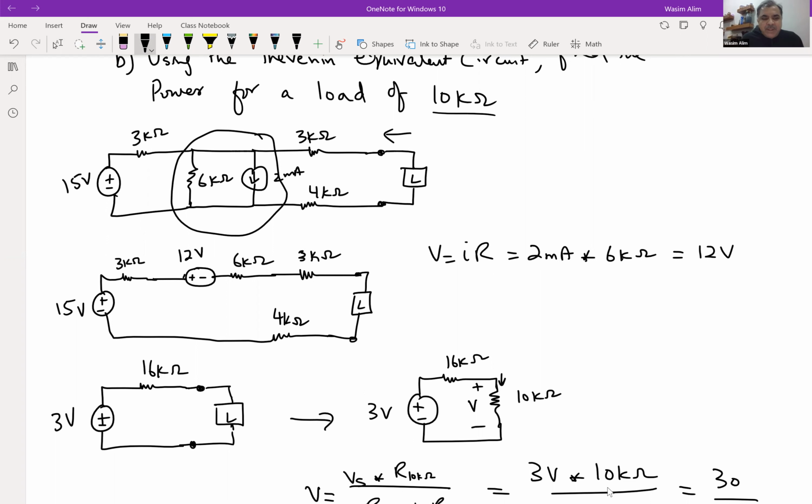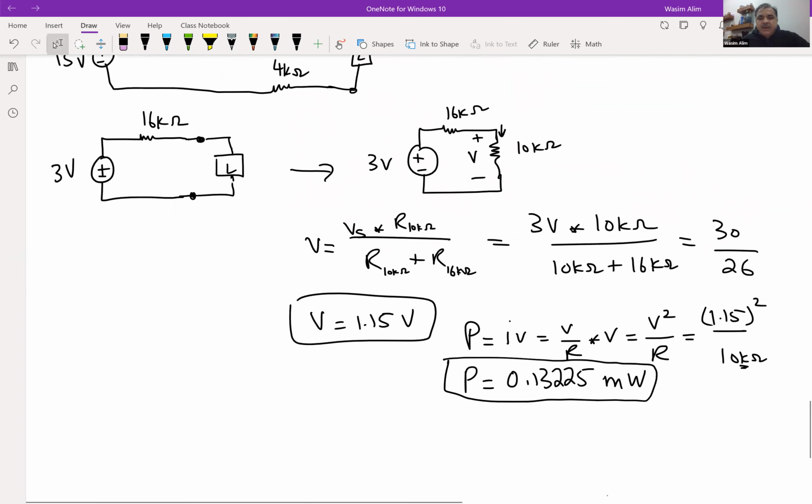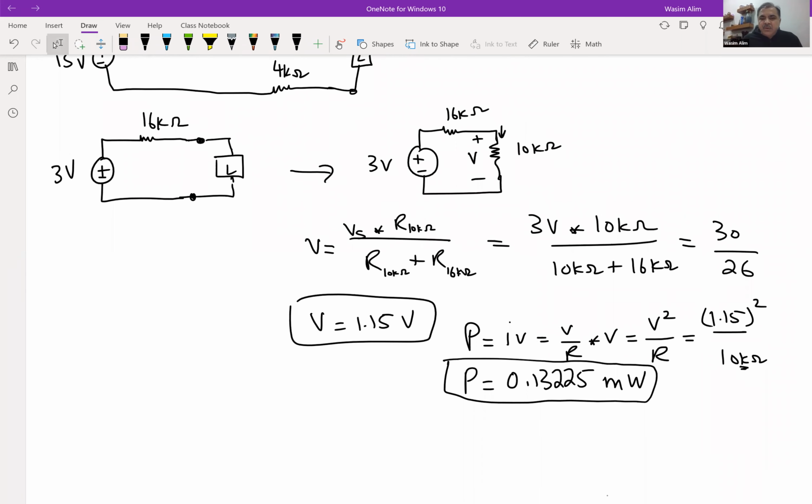And then since the polarities of the two voltage sources were opposite, we took the difference of the two, which is 15 minus 12, so that's 3 volts, and then combined all the resistors and found the equivalent circuit. In the same way, we did the power and voltage calculation. So the voltage across that 10 kilo ohm resistor was determined, and using that we then found the power.